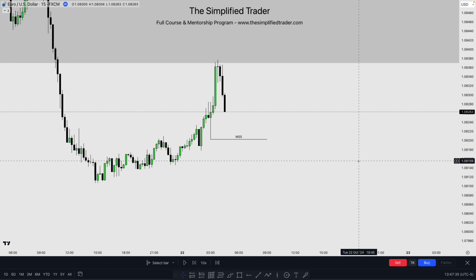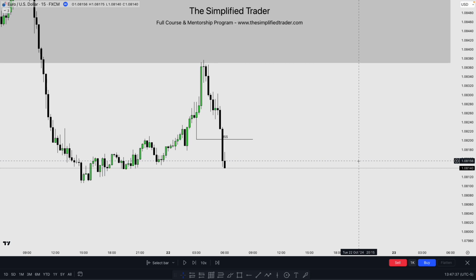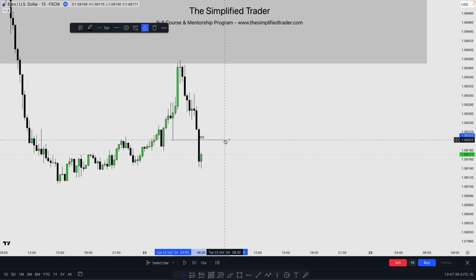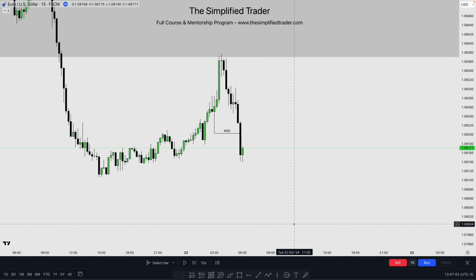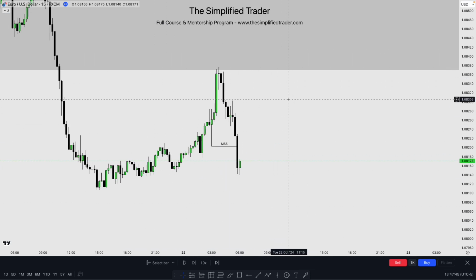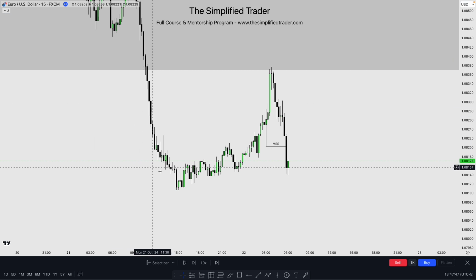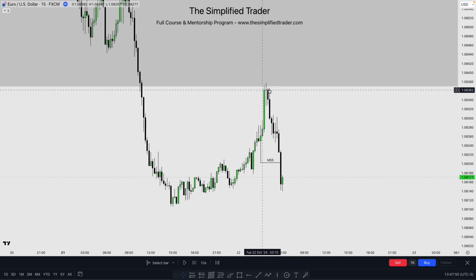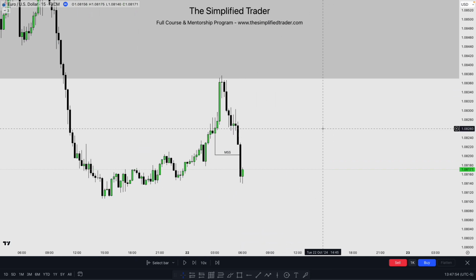Now we just wait for price action to do its thing. What happens? This market goes ahead and closes below, shifting structure to the downside again. Now we have traded from external into internal range liquidity on the 4-hour time frame. Now we're seeking external range again. We have received our market structure shift.